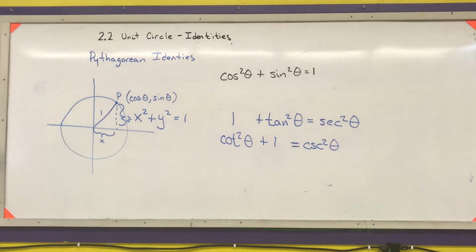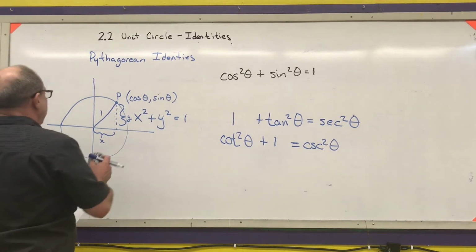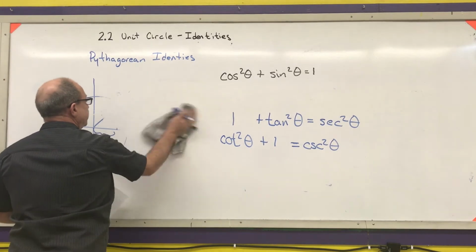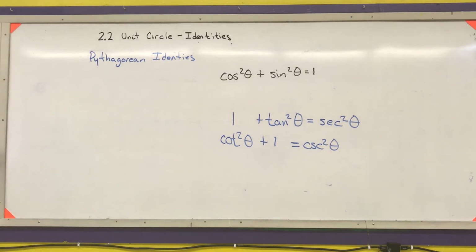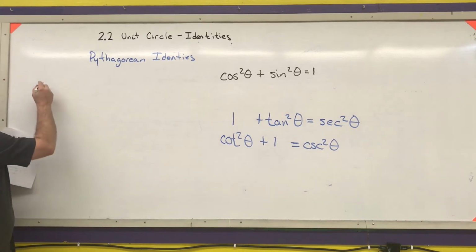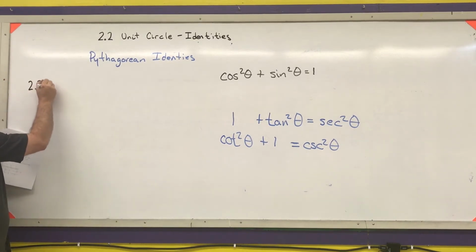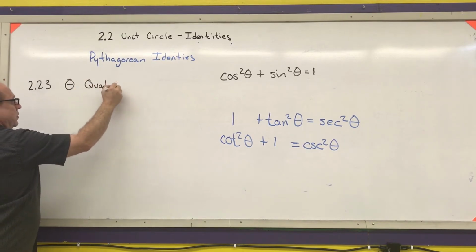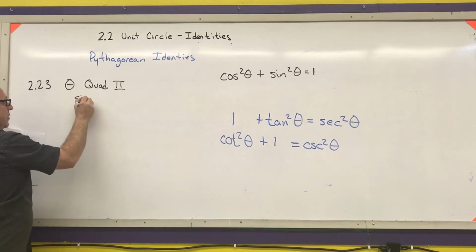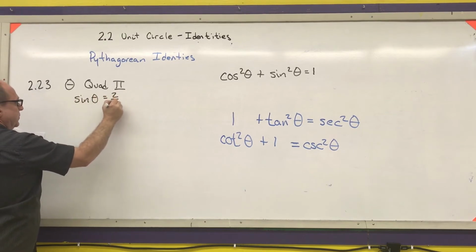But how do we deal with them now? We'll do example 23. Example 23 states, say that theta is in quadrant 2 and the sine of theta equals 2/3.